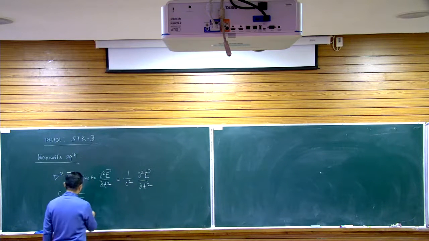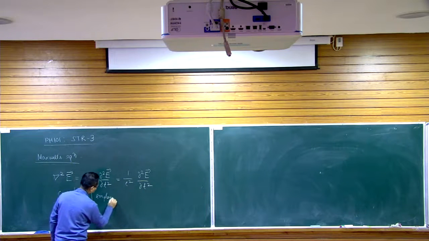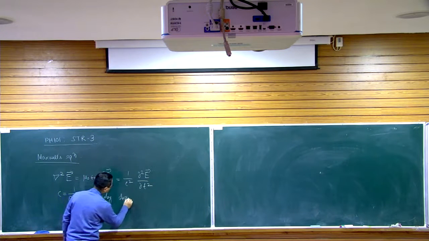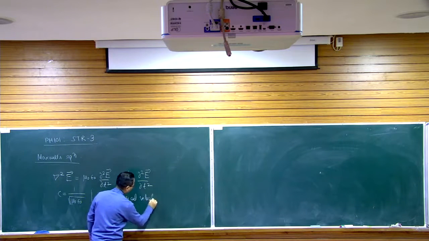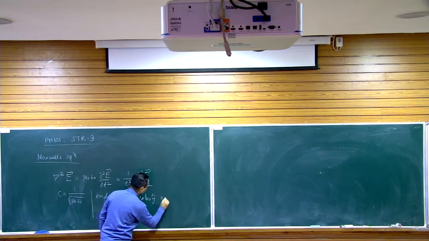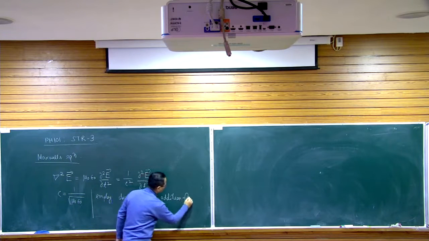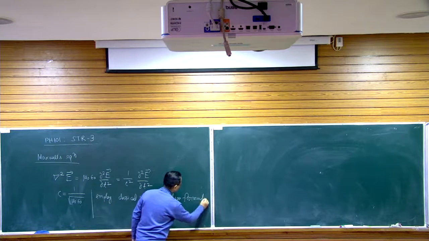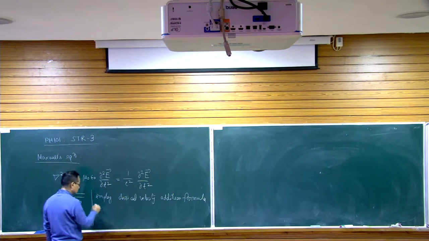So this is according to the Maxwell equation. But if we now employ the classical velocity addition formula, then you will see that it depends on in which direction light is traveling.